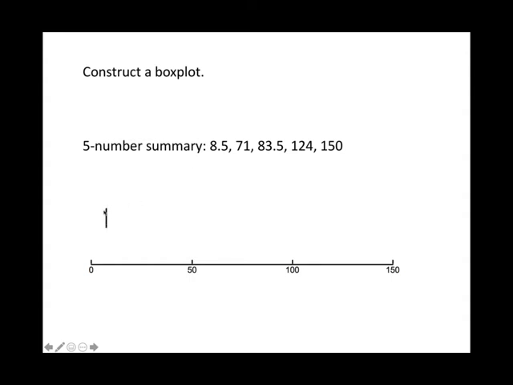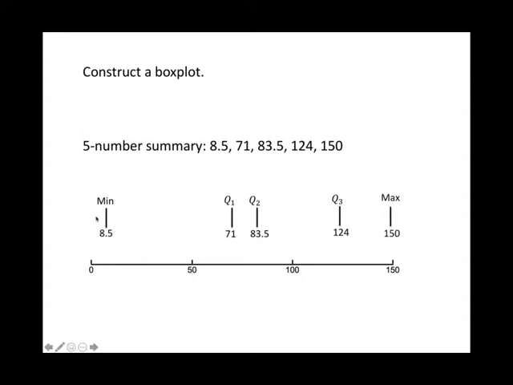Now my minimum is going to be 8.5, so we're going to draw a line here. This is the minimum, and I have 8.5. And then I have 71, which is going to be my Q1, 83.5, which is going to be my Q2, and we have 124 for Q3. Last one will be the maximum, 150.